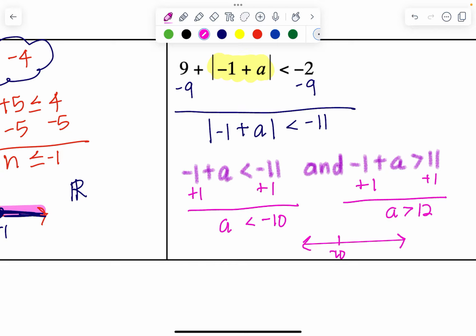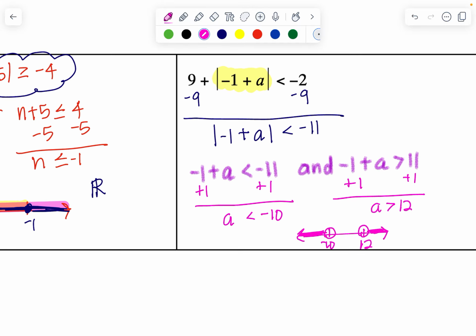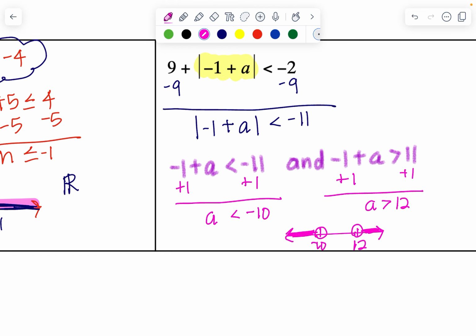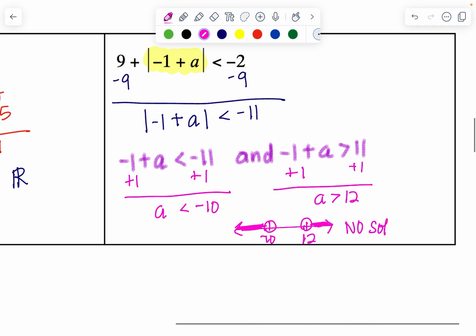But if I look at this, I'm going to have less than negative 10 going this way, greater than positive 12 going this way, which does not make sense because it's supposed to be an and, which means it's supposed to be squished between two numbers. That's why it's no solution.